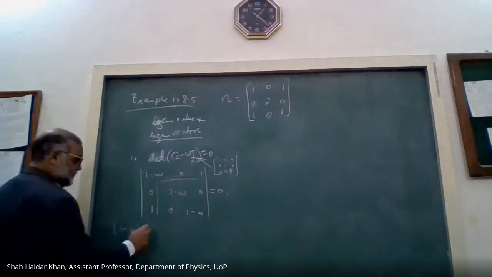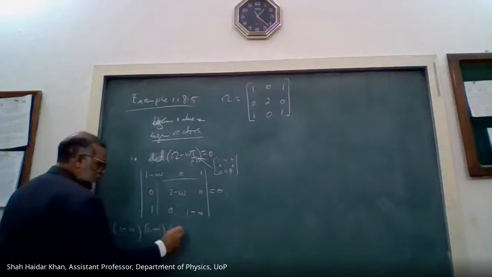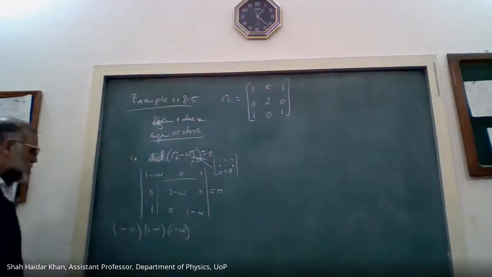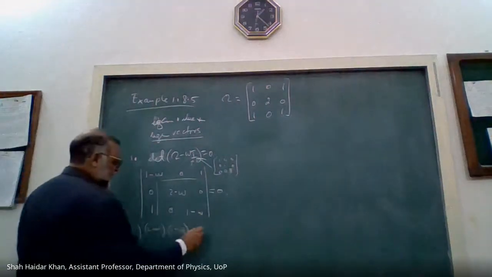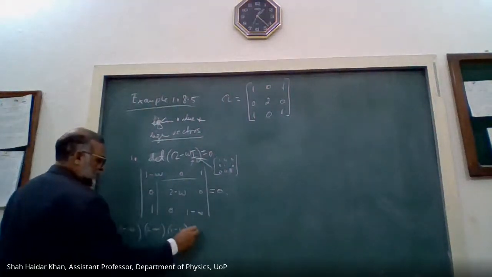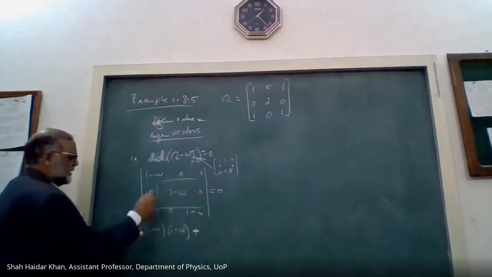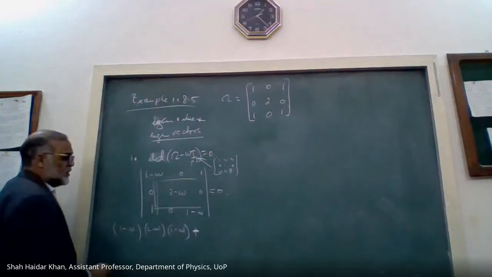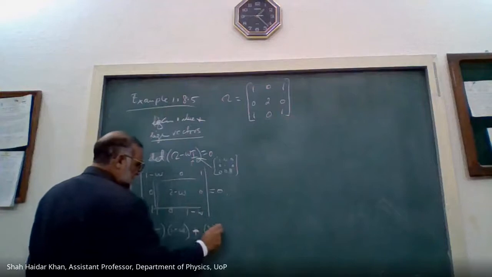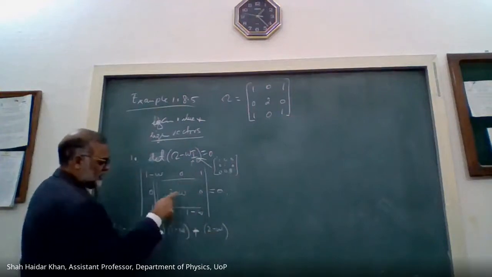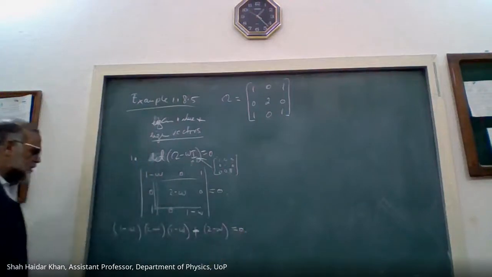Then you will get this thing: 2 minus omega, 1 minus omega. Right? Plus, now this one. So this is gone, this is gone. So what we are left with plus 2 minus omega multiplied by 1. So this is equal to 0, right?